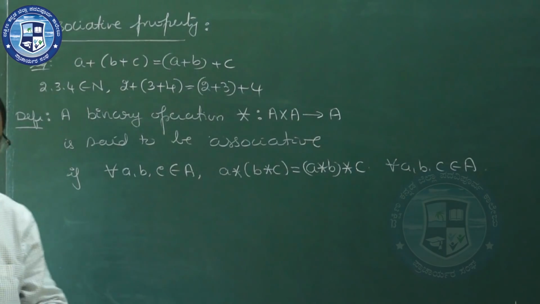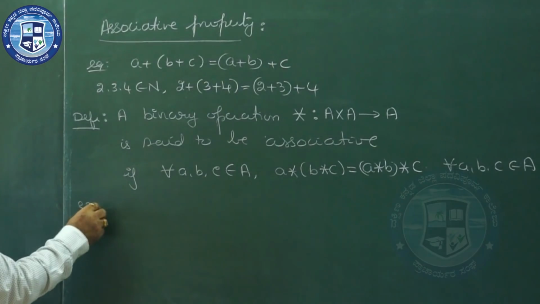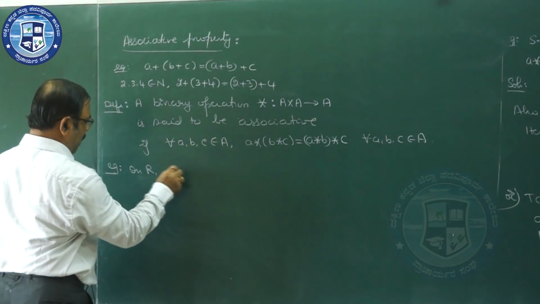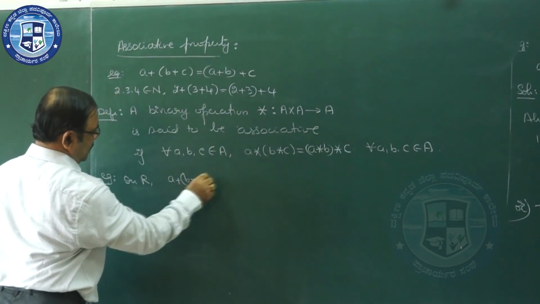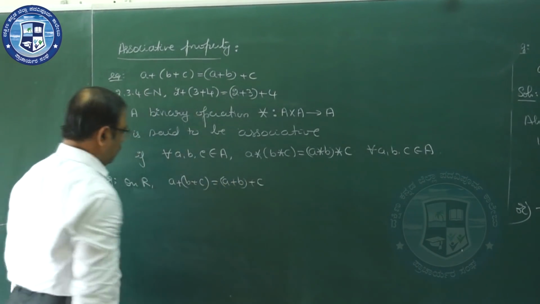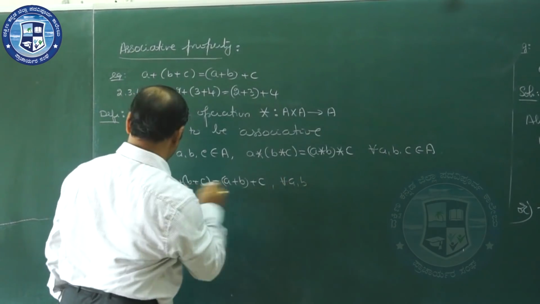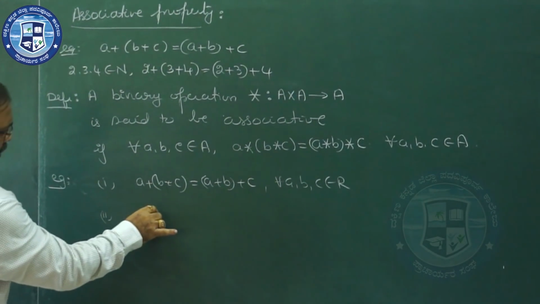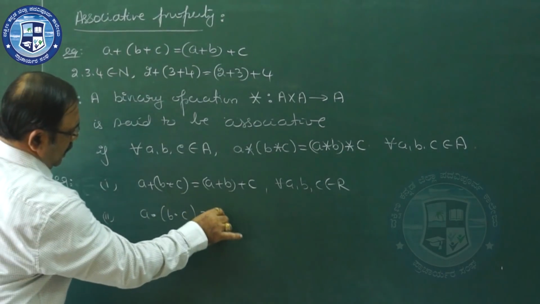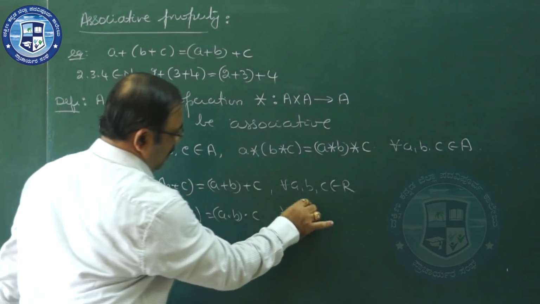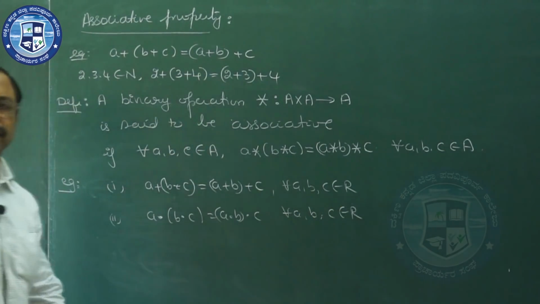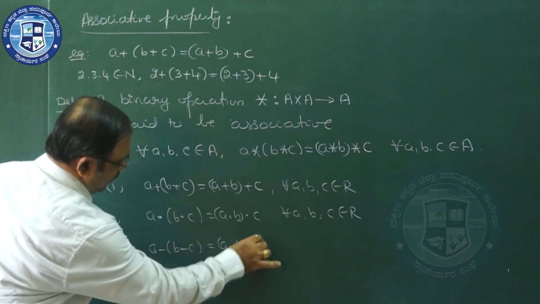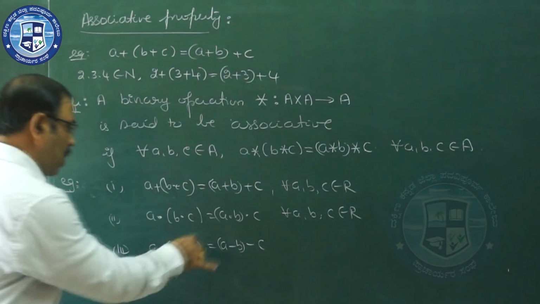Now, I'll give you some examples. See, if you take R, the real numbers, we have A plus B plus C equal to A plus B plus C for all A, B, C belonging to R. Then A into B into C, A into B into C for all A, B, C belonging to R. But A minus B minus C, A minus B minus C, this is not equal.